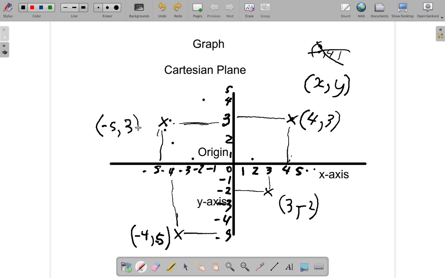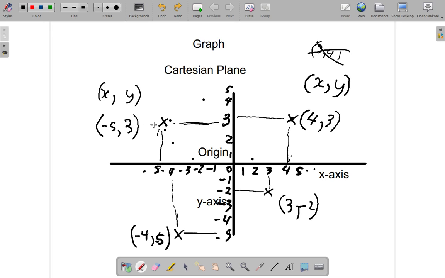So here, whether it's above or below, once it lines up with this number on the x, it is negative 5, and remember, it's x first, comma, and then y. Which number does it line up beside on the y-axis? 3. So it is 3 here.